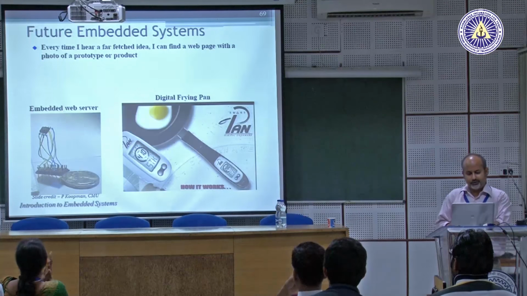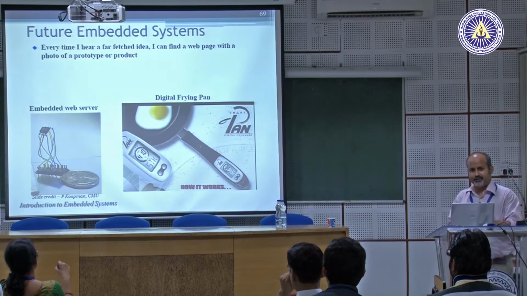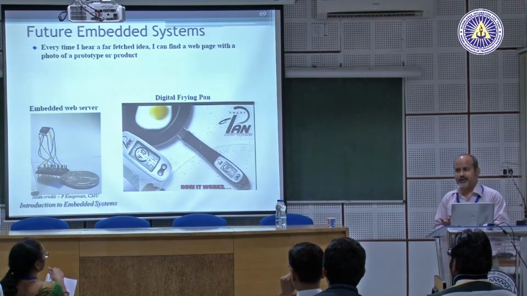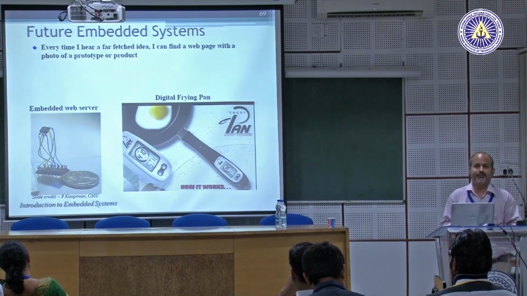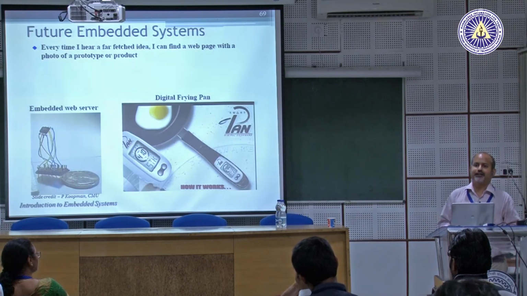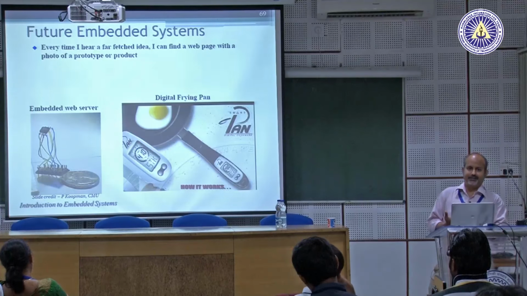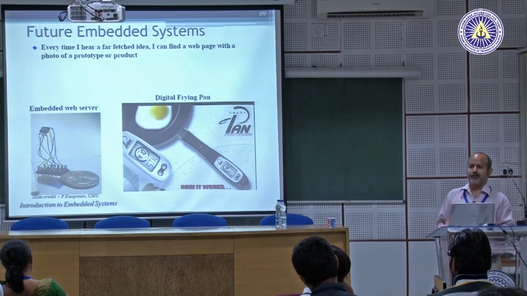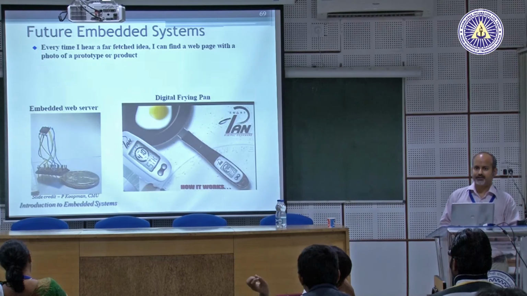Now let's talk about the future of embedded systems. One of the biggest things people are talking about nowadays is IoT, right? Internet of Things, basically embedded systems connected by network. The bigger issue is the amount of knowledge that gets floated up because of all this, and using that knowledge to do better control of systems and better utilization of resources and so on.